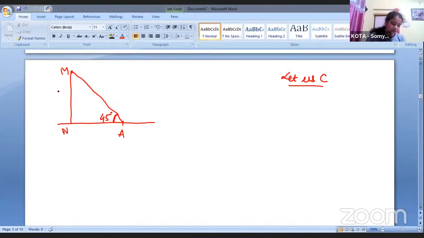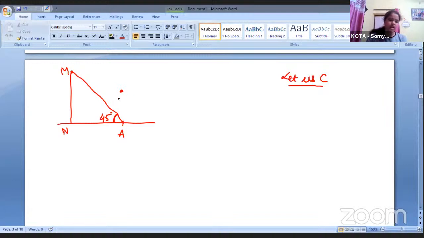Let B be the point 30 meters vertically above the point A. So this is easy. If it is saying 30 meters above the point, let us assume it's somewhere here.